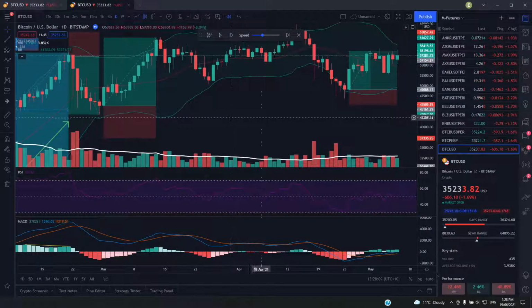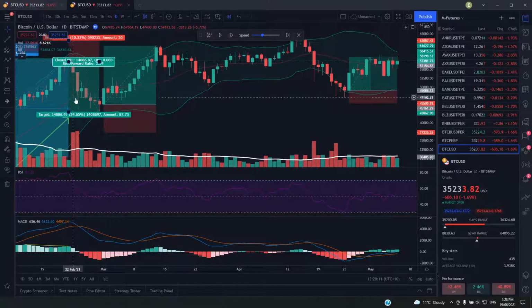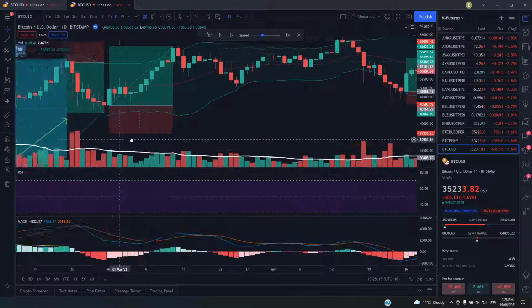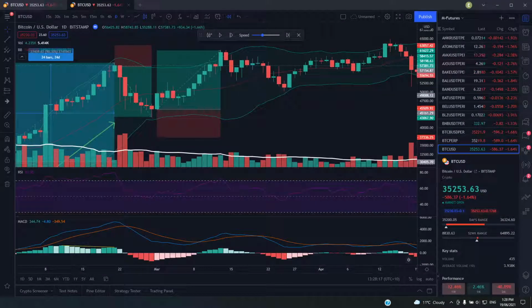Well, I want to see a break of the midline. One, break of the red midline on Bollinger Bands. Two, I would like, that's nice volume there, nice volume.